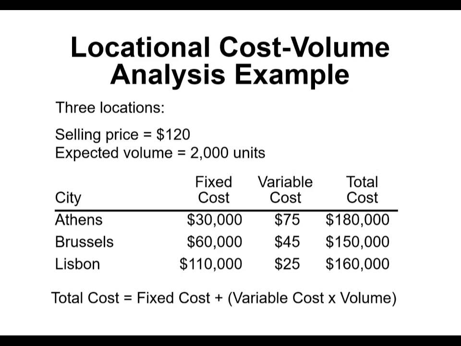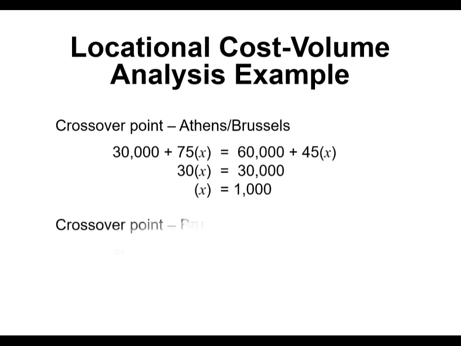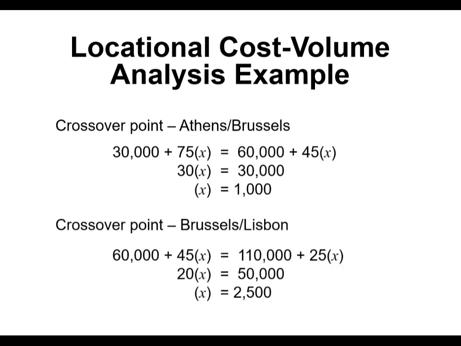Okay, so what you should do is you need to plot. Before you plot, you have to do this computation. Just now I gave you the equation for each of the three locations, right? So using that equation, you have to find the crossover.